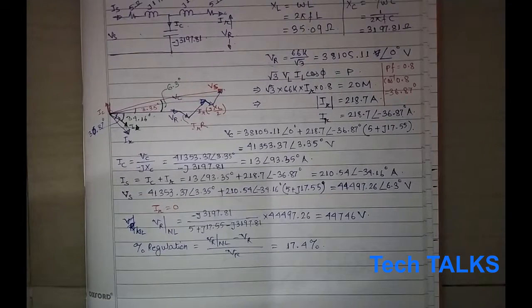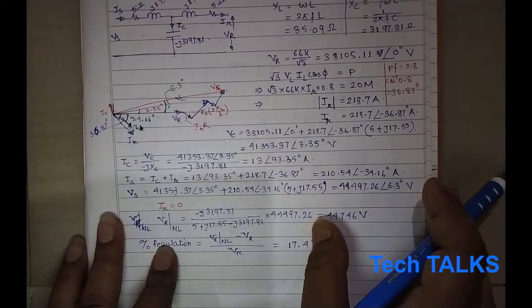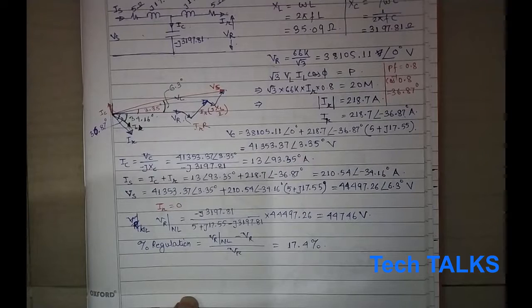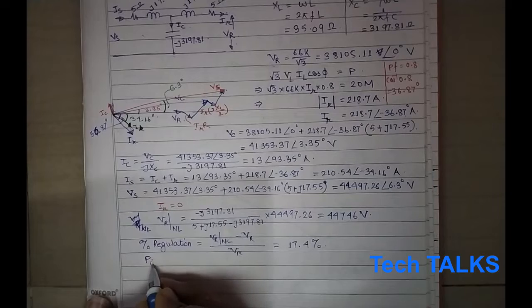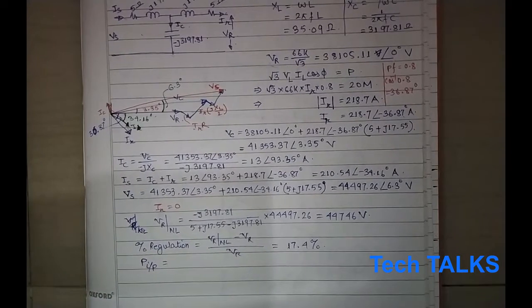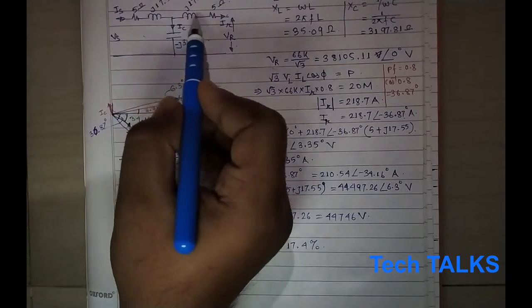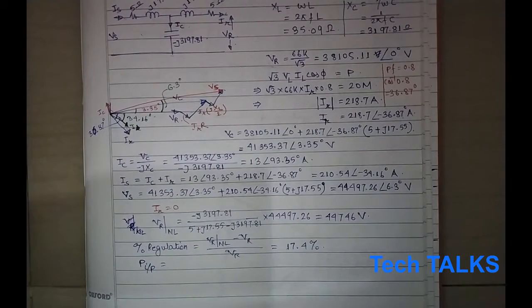The output we know is 20 megawatt. We don't know the input. So how will we find out the input? We can calculate the losses in the resistance, because there the losses will be there. In inductance and capacitance, no losses will be there.